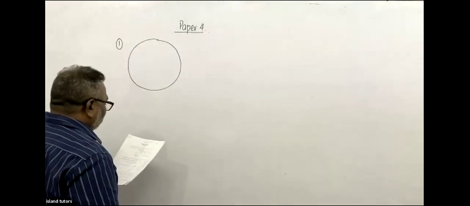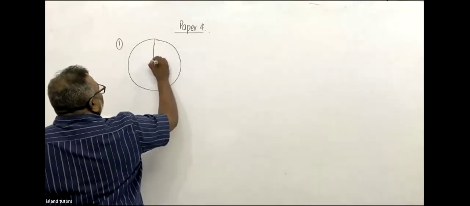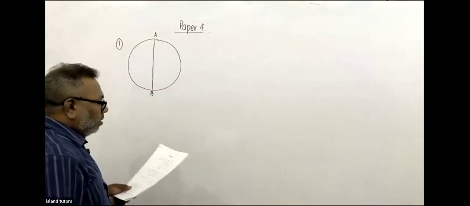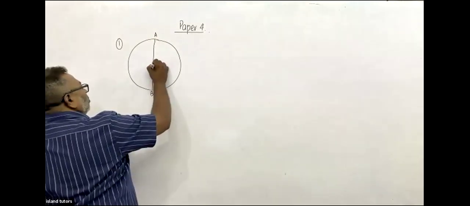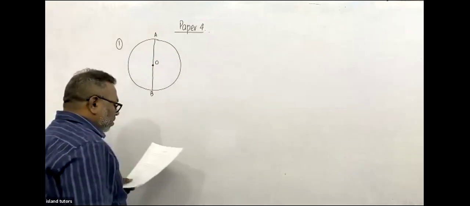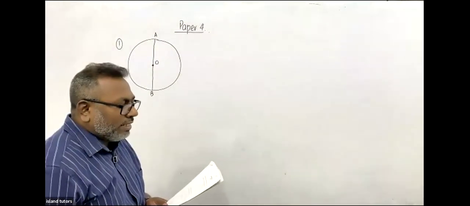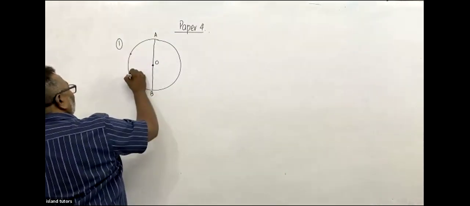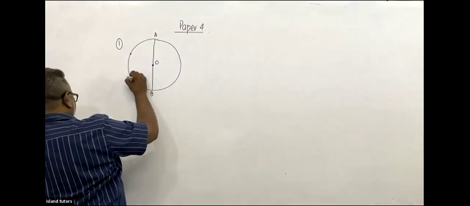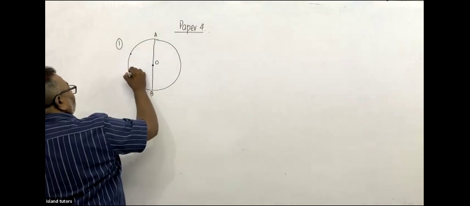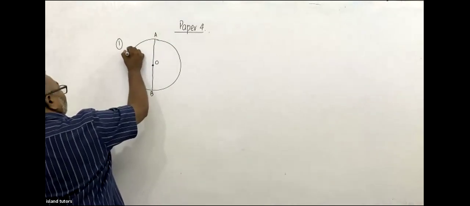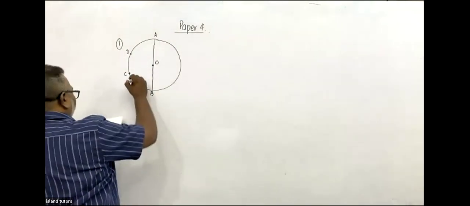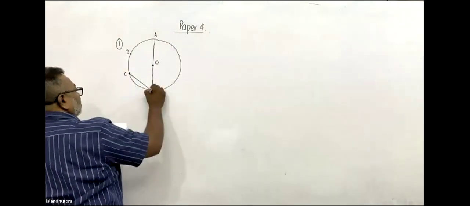You have a diagram here. Then you have a diameter, which is AB. Then the center O is here. They are saying C and D are points on the circumference. So you have one point here and one point here. So that is D, C. And they have given me the diagram like this.